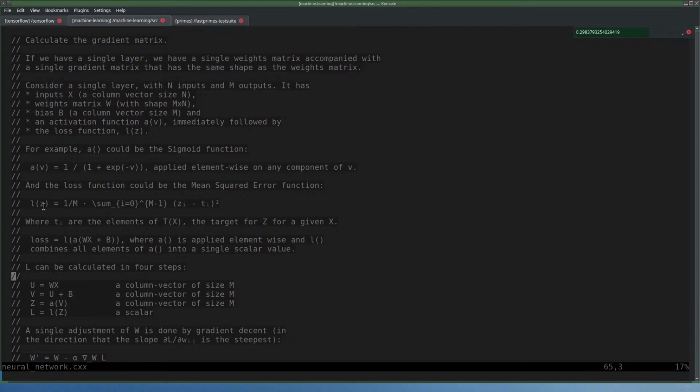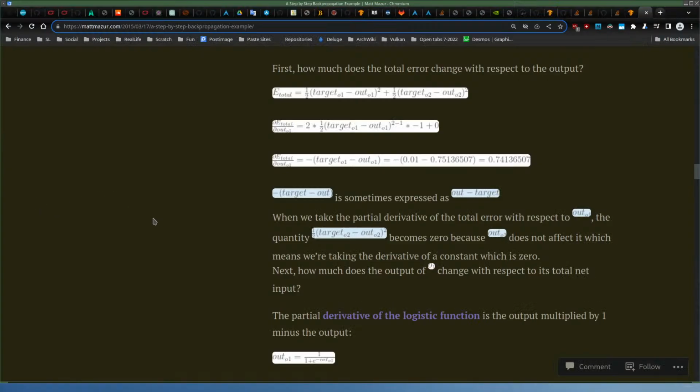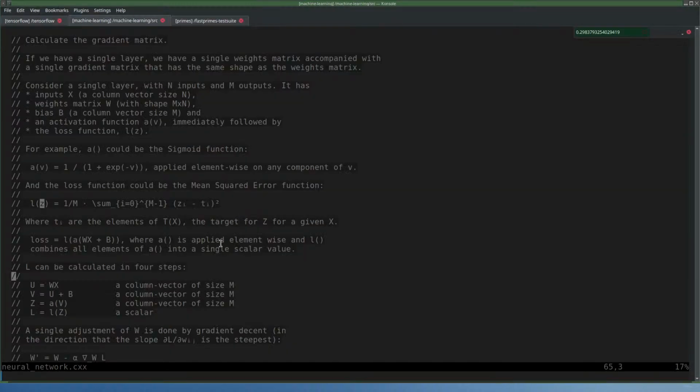So the loss function is a function of z, where z is then the final output. Yeah, so the z here is equal to the out thing here.